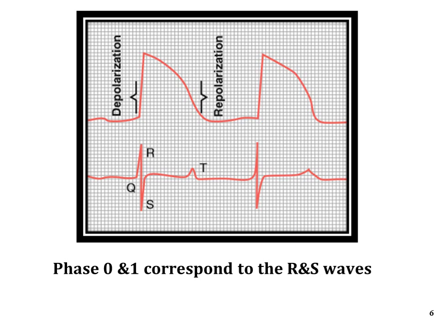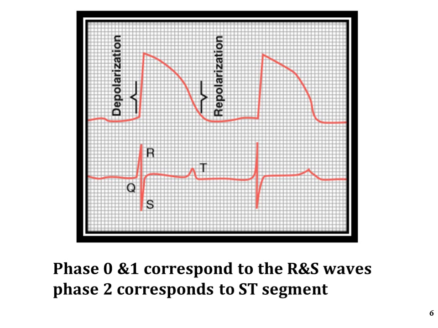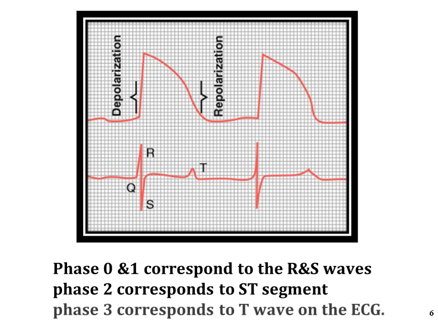Phases 0 and 1, the initial rapid repolarization, correspond to the R and S waves, while phase 2, the plateau, corresponds to the ST segment, and phase 3 corresponds to the T wave. Repolarization corresponds to the T wave, which is ventricular repolarization.